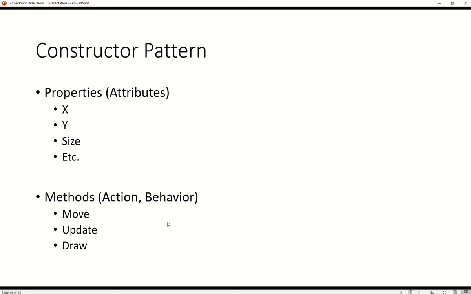And methods will determine its behavior, how it draws itself, how it loads itself, what kind of picture it uses. It's more of a how. So let's create a ball with some properties and some methods that are associated with the ball.